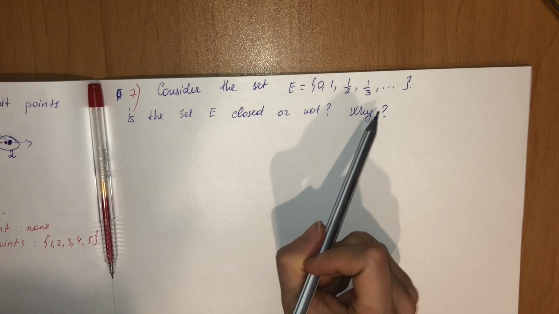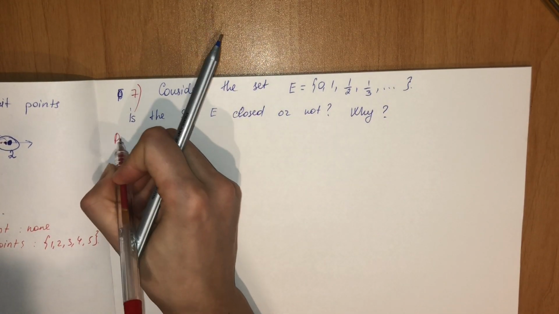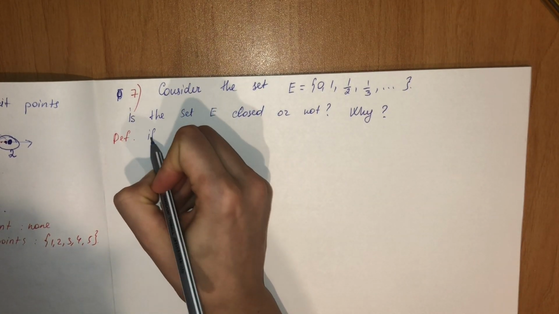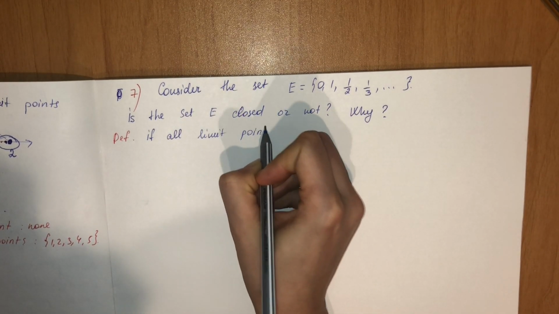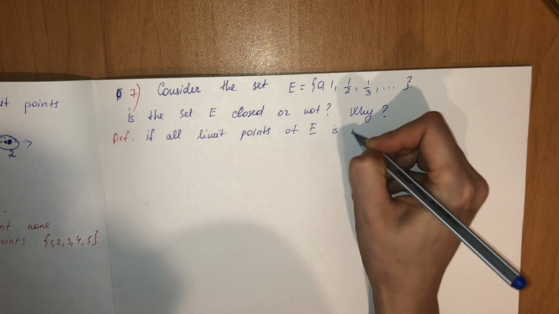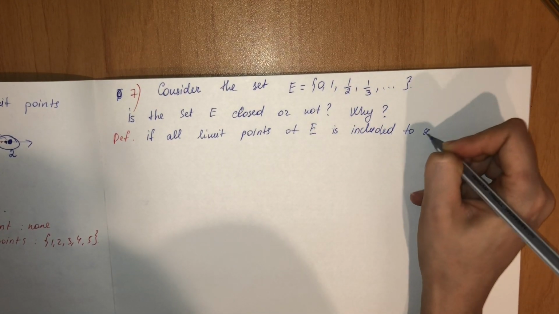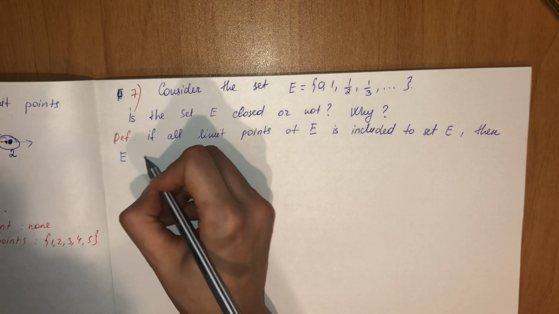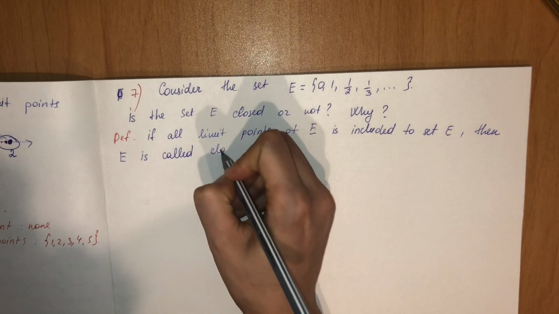And explain why. Let's recall the definition of closed set. What is a closed set? If all limit points of E are included in the set E, then E is called a closed set.